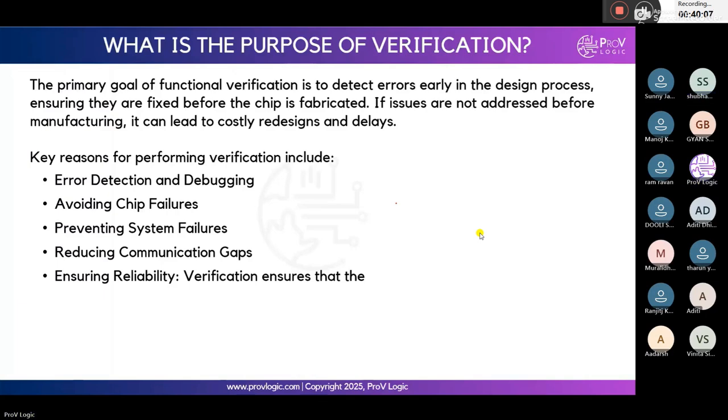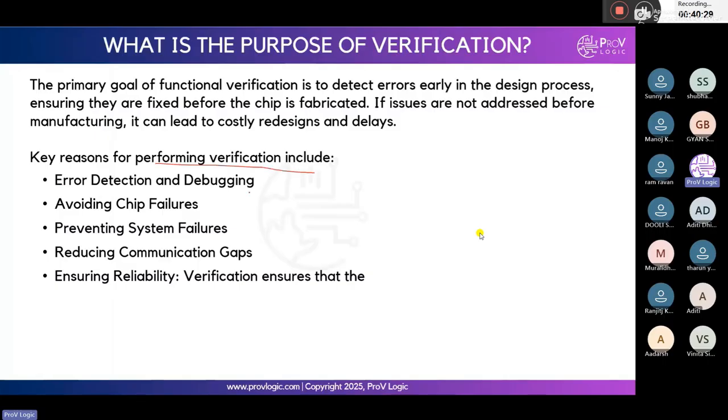And next, what is the purpose of verification? So you already understood what the purpose of verification is, right? Mostly to detect the errors, debug the error and fix the error before the chip is fabricated. Okay. So what are the key reasons for performing verification?